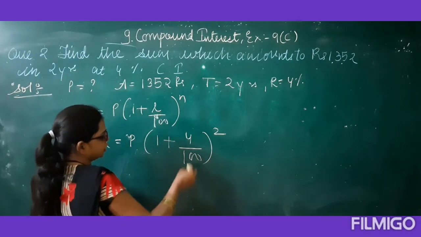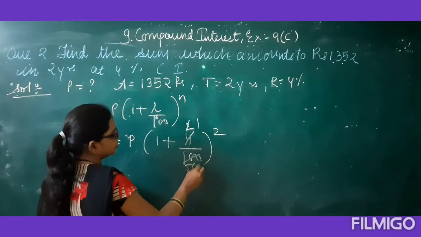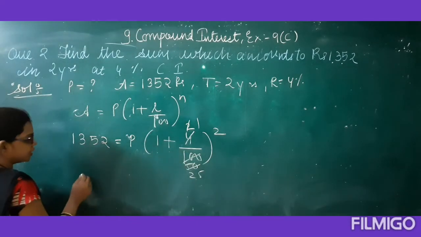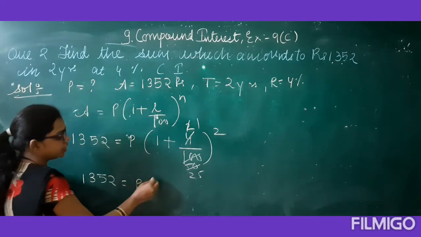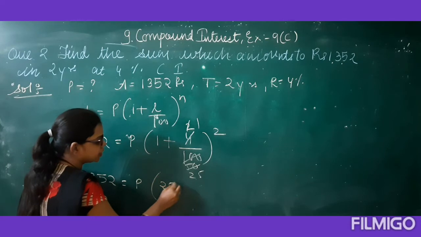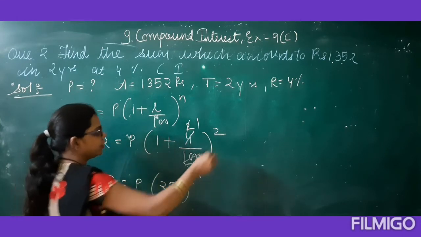From here you can cancel: 4 twos are 2 5s are... 1352 equal to p into (25 plus 1) to the power 2 upon 25.